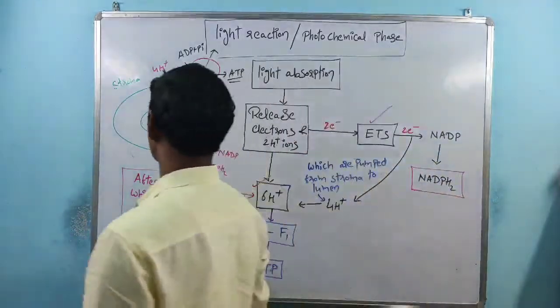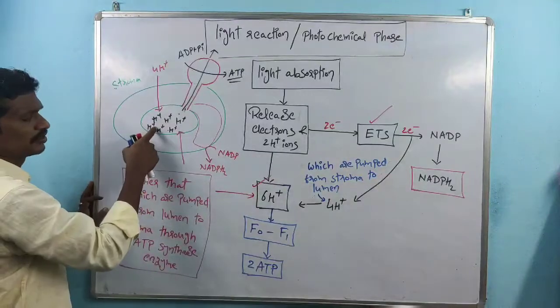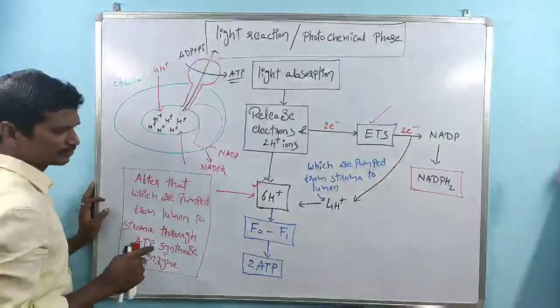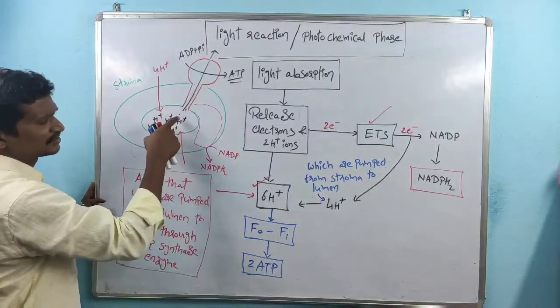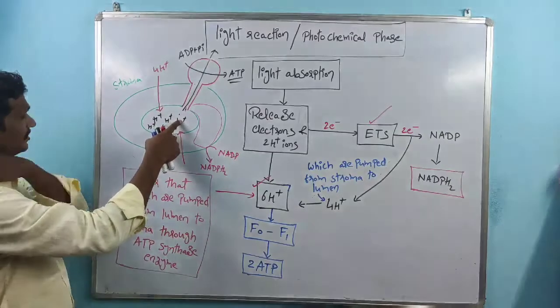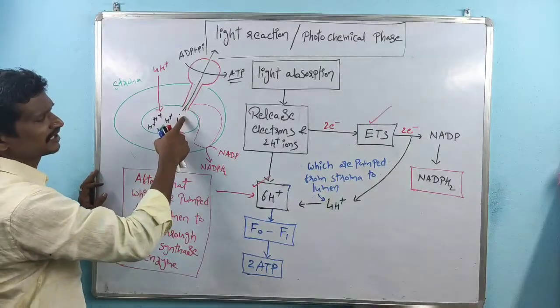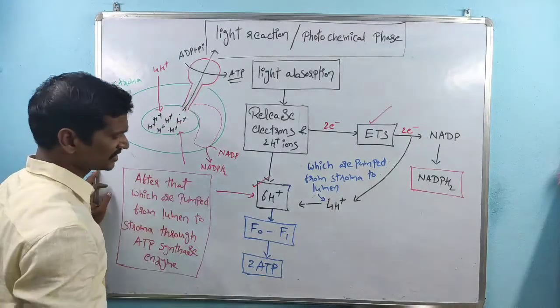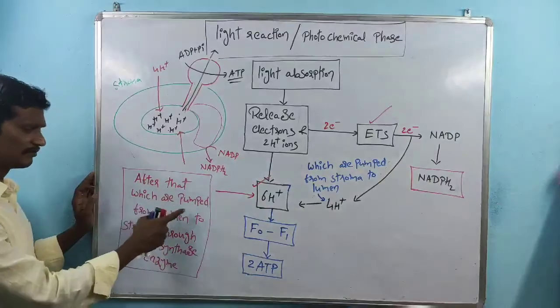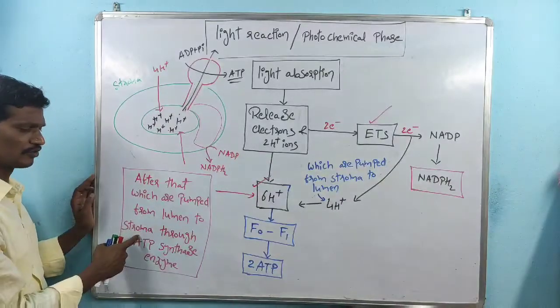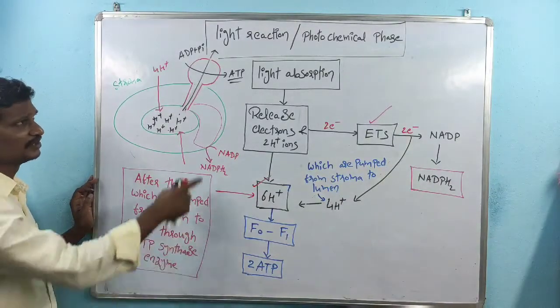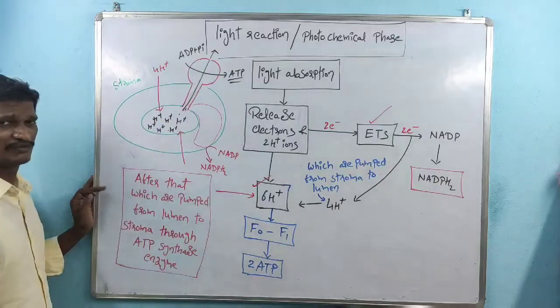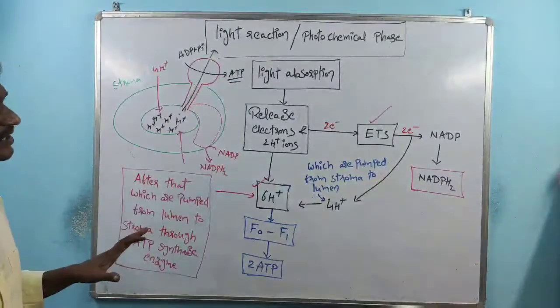Initially H plus ions are transported from stroma to the lumen by the electron transport chain. Once a high concentration of H plus ions is present, they are transported through the ATP synthase enzyme from the lumen to the stroma, and the ATP synthase enzyme synthesizes ATP.